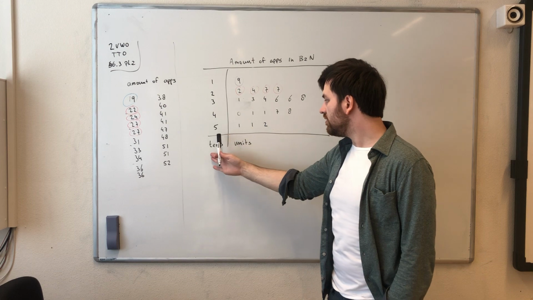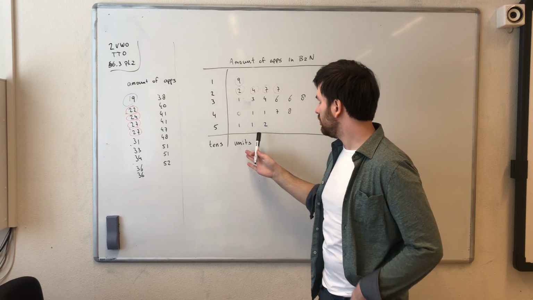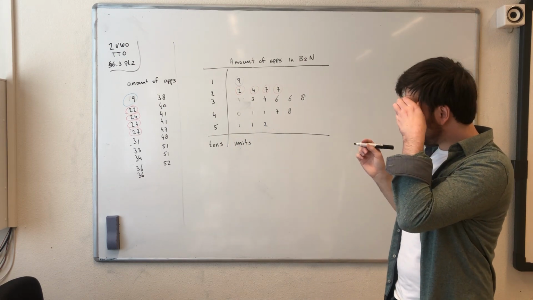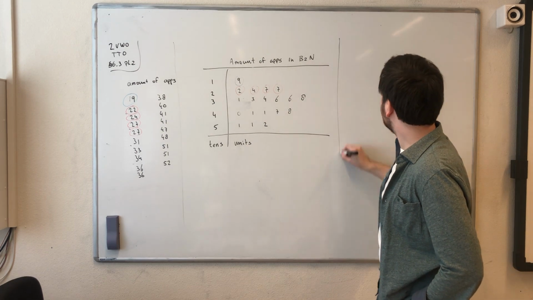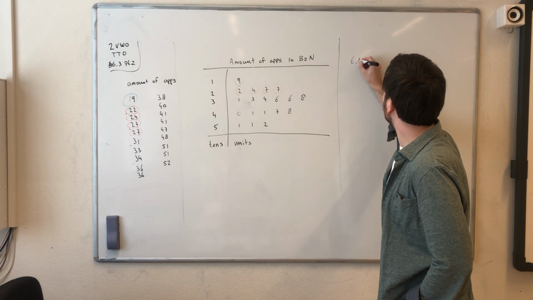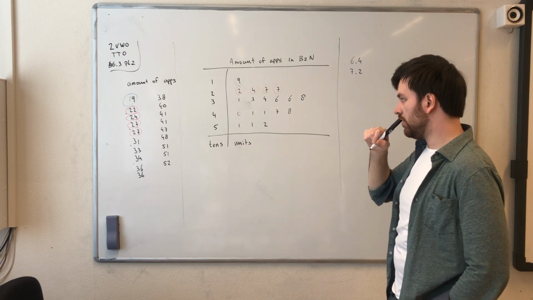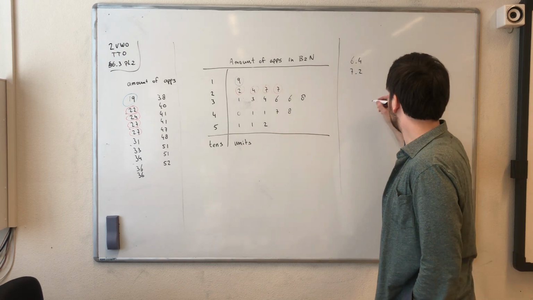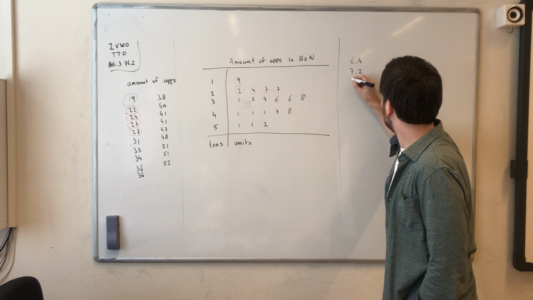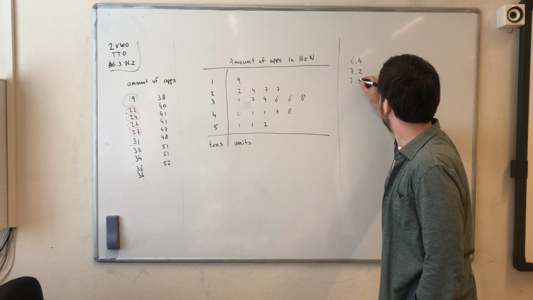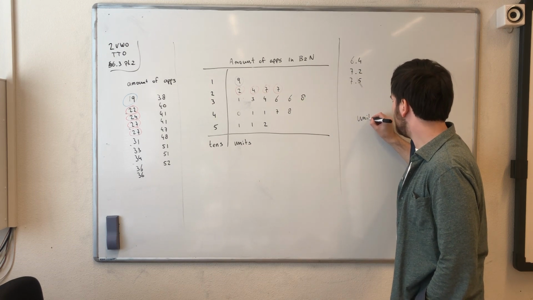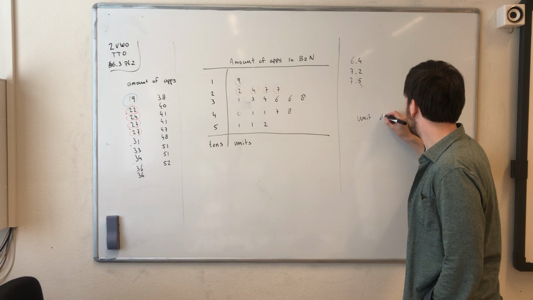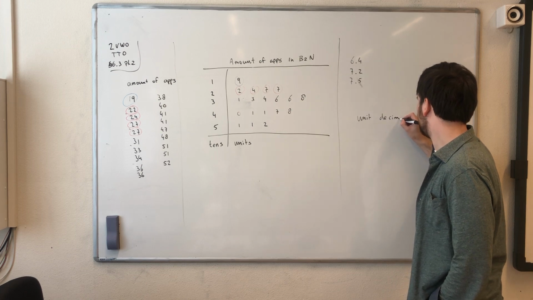Keep in mind, these numbers down here are very important. So, for example, if you're working with test marks, you're working with numbers like 6.4, 7.2, and so on. And then this changes, because then, let's make a really small one, 7.5. Then you would have a stem and leaf diagram consisting of units and decimals on the bottom.